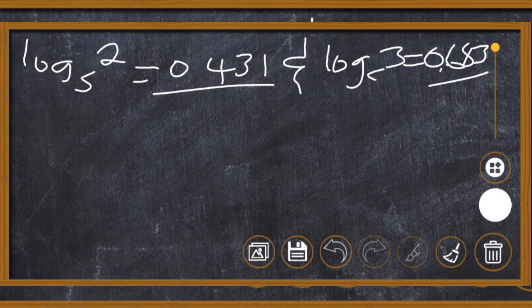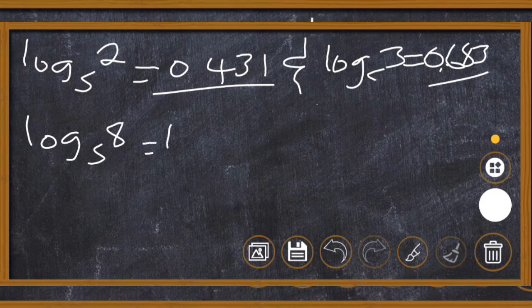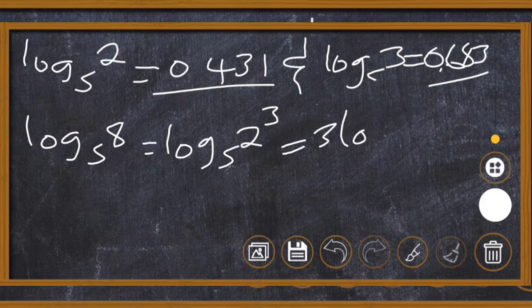Let's say you have this value. How can you simplify it in such a way that you replace with these values? So let's say you have log 5 of 8. We know that 8 is the same as 2 raised to power 3. In this case, let's take this power to the front according to the rules. So it's going to be 3 log 5 of 2.